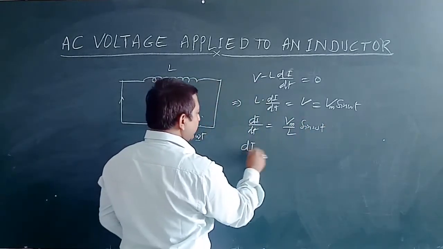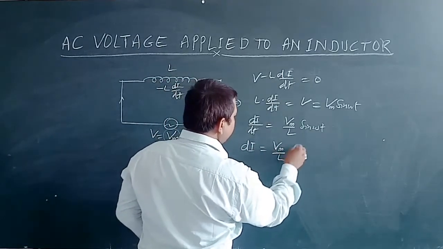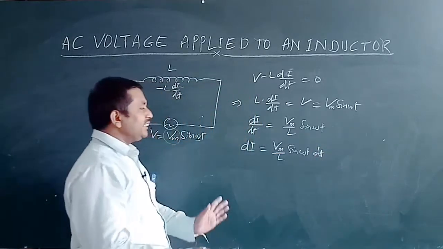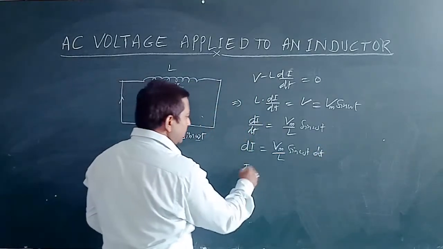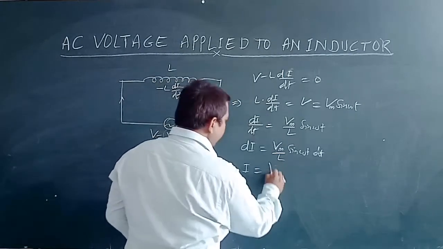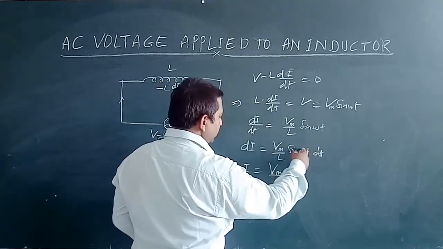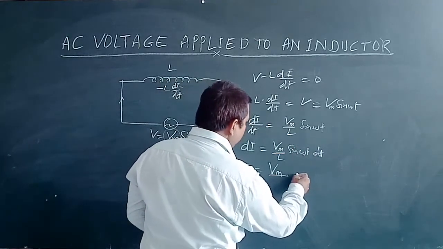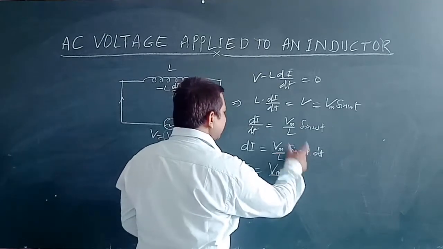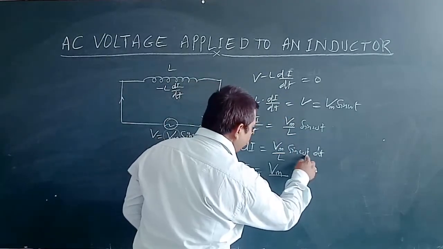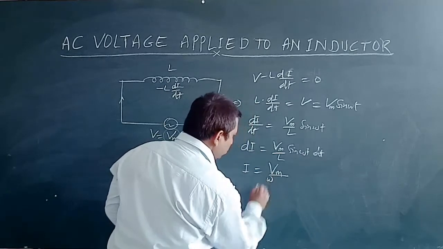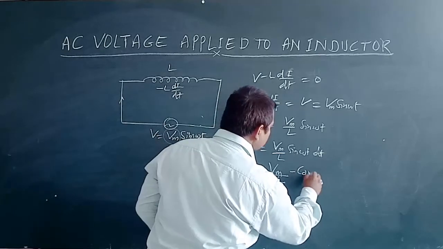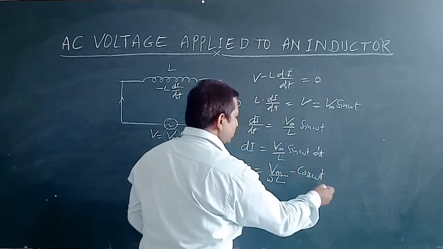So di equals Vm by L sin omega t dt. If we integrate it, we get I equal to Vm by L times the integral of sin omega t, which is minus cos omega t divided by omega. So this becomes Vm by omega L, minus cos omega t, plus a constant.